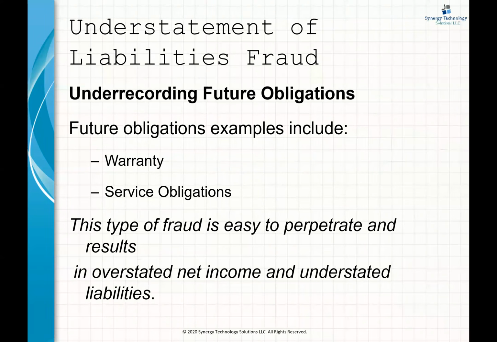Under-recording future obligations: I told you that for manufacturing companies, or any company that has a warranty issue, that needs to be looked at in detail, and the service obligation that is there needs to be looked at to make sure it's disclosed and accounted for properly. Because these numbers are estimates, it's easy to manipulate.